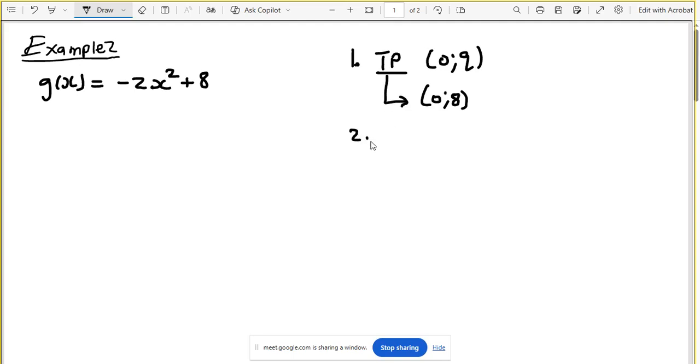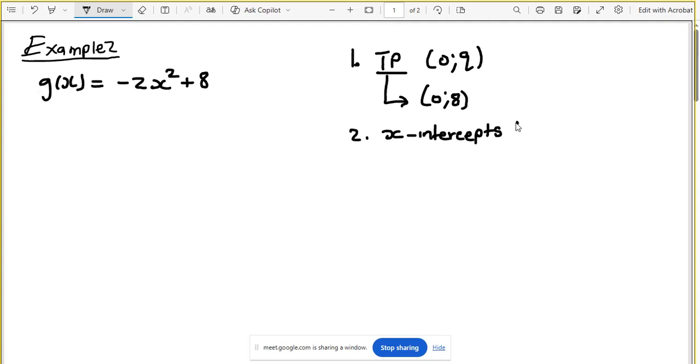Then we move to the next step, which is finding the x-intercept. How do we find the x-intercept? By substituting. What are we substituting? We're turning y equals 0.